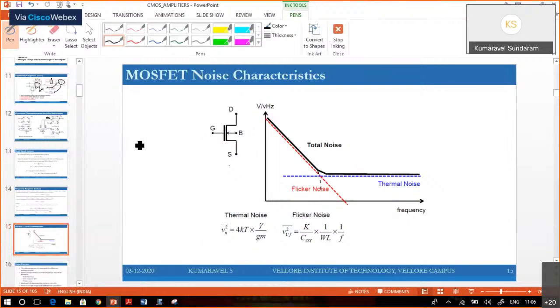So we know the mobility of holes and electrons. Mobility of electrons is greater than mobility of holes. In the drain current equation, ID is equal to half mu n Cox W by L (VGS minus VTH) whole square, this mobility, if it is an NMOS device, is going to be higher.